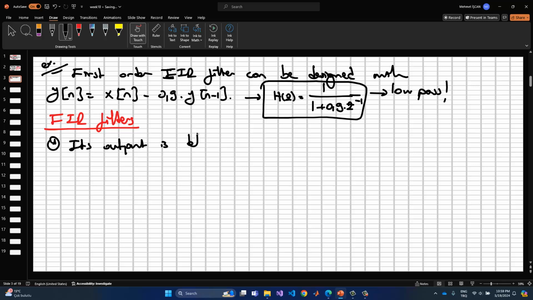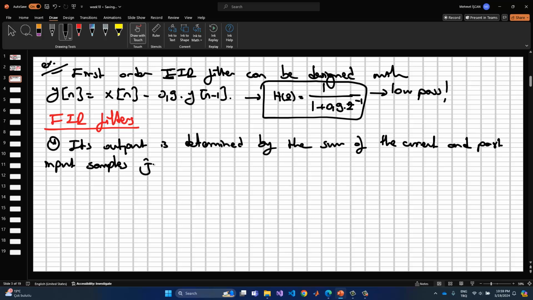is determined by the sum of the current and the past input samples, which come from the outside.